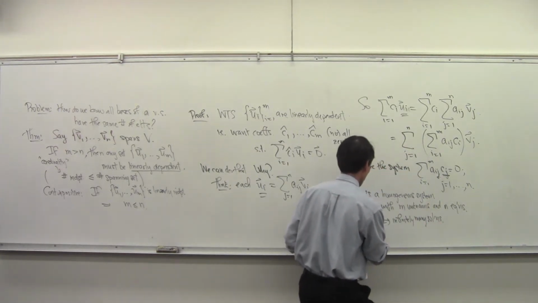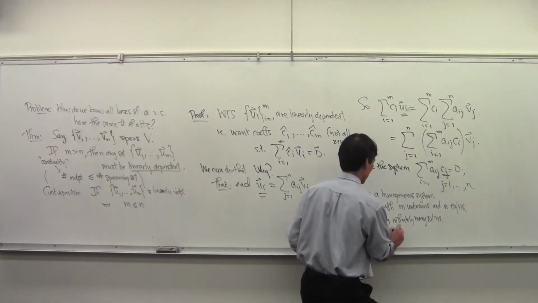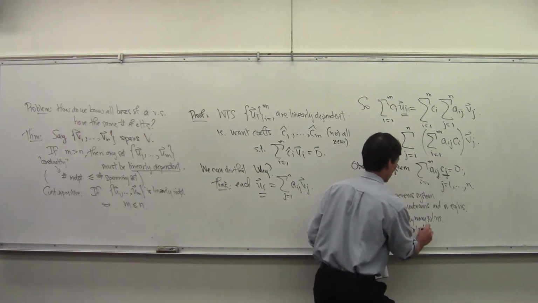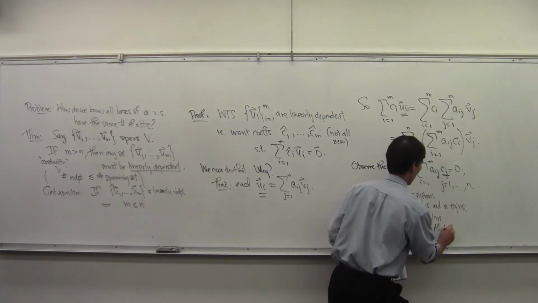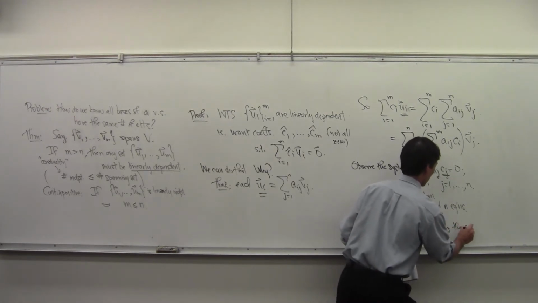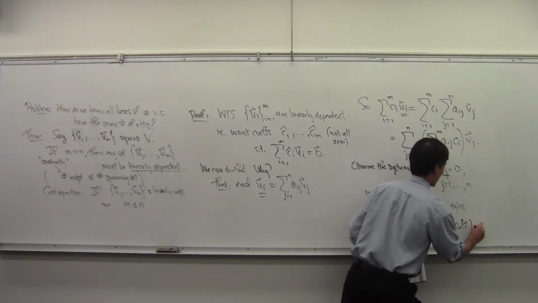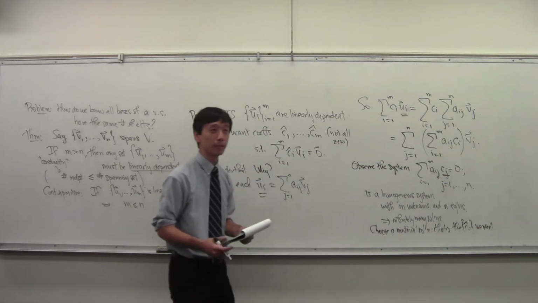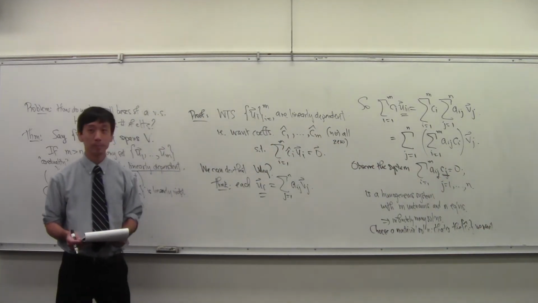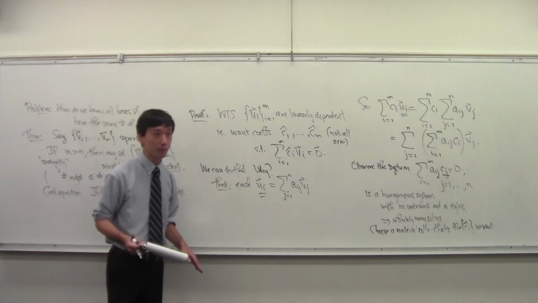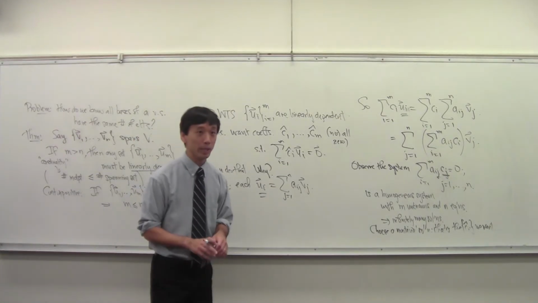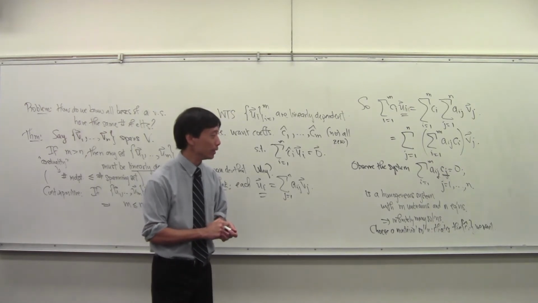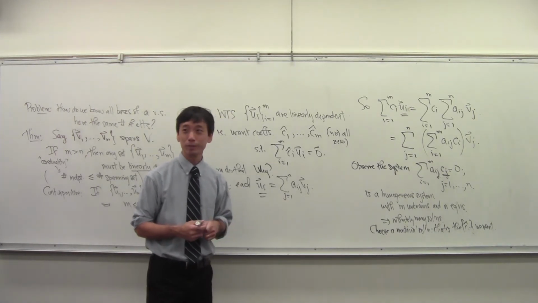Choose a non-trivial solution. That's the ci hat we wanted. There are infinitely many solutions, so there's definitely one that's not just all zeros.